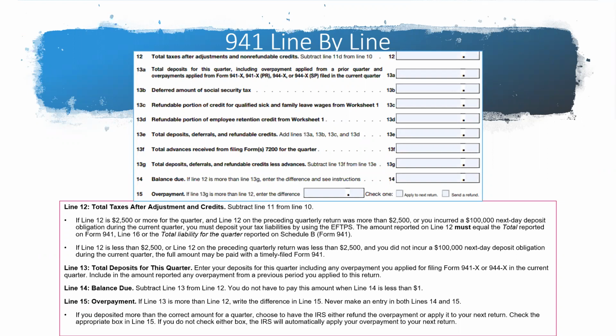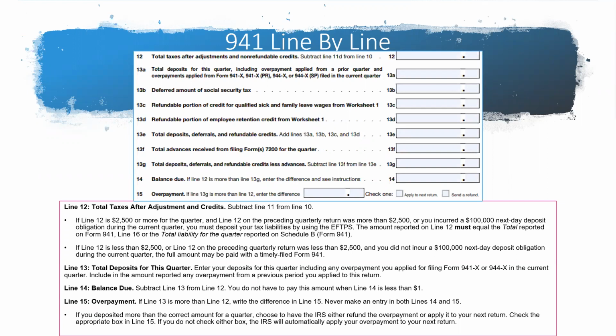Line 13B, again, was courtesy of COVID. It's the deferred amount of Social Security tax. Interestingly enough, on the second quarter Form 941 and the third quarter Form 941 that came out, that line said deferred amount of employer Social Security tax, because it was only the employer that was allowed to defer that for a while, until there was a new law put in place that said that employees could also defer Social Security tax should their employer choose to allow them to.